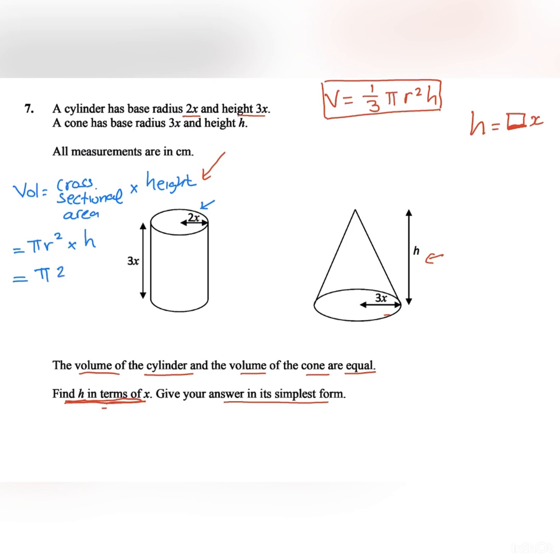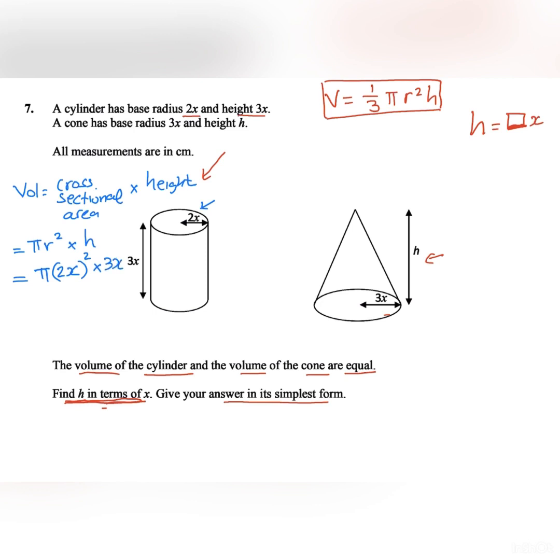Don't forget to square the whole thing. The common mistake is that pupils will square the 2 and forget about the x, so we want to square the whole thing. So pi r squared times by h, and h is 3x.